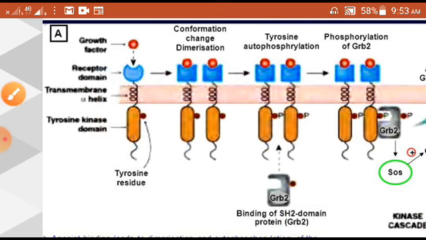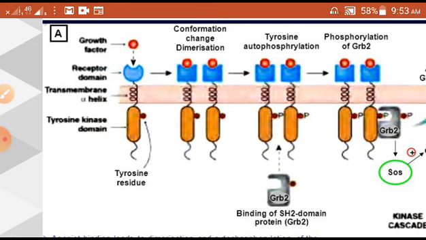The first part, shown in blue color here, is the receptor domain. This is the part we call the receptor because it is the part which binds with the agonist. The middle part is a transmembrane alpha helix, which attaches the third part with the first part. It is transmembrane, present across the entire membrane.